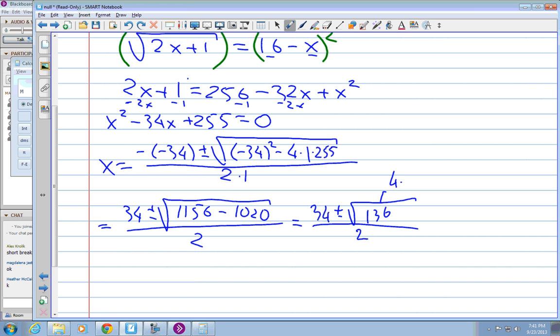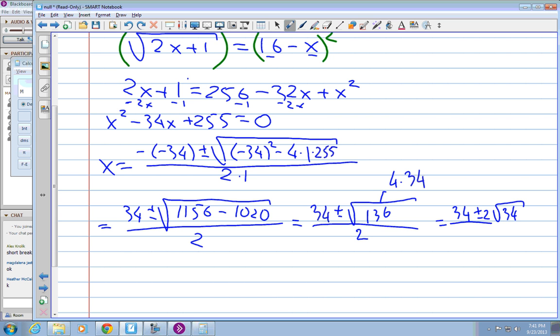I did make a mistake in the earlier session. I have to go back and fix that. So it's 4 times 34. Yes, it is. So it's 34 plus or minus 2 square roots of 34.